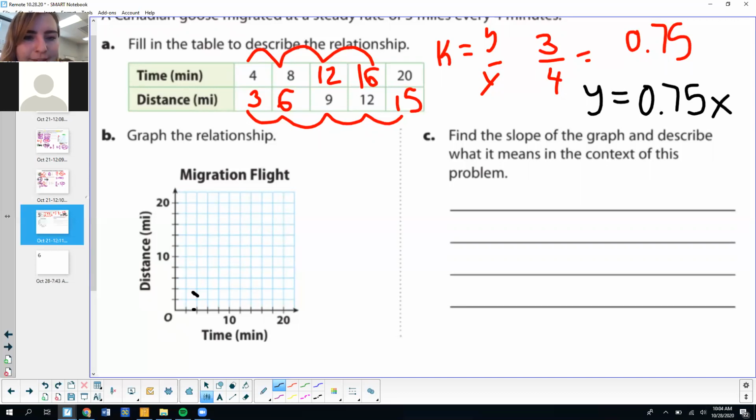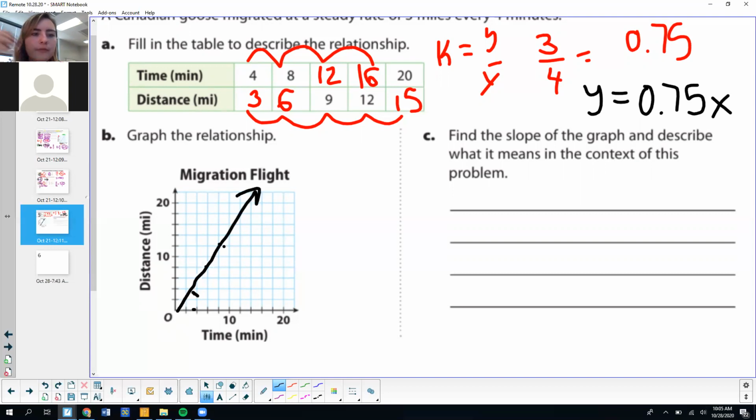Then I'm going to go to 6, 8. And I'm going to go to 9, 12. So if we can tell, our graph is going to look something like this.